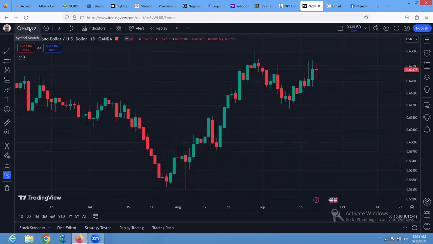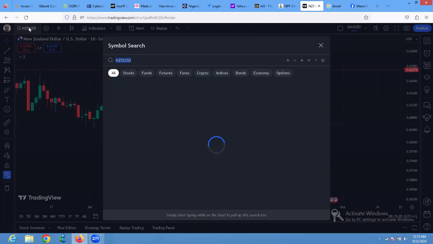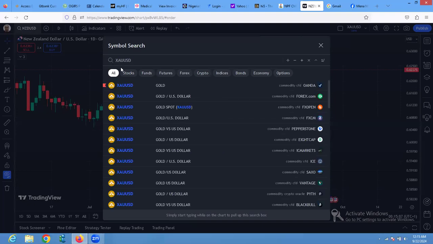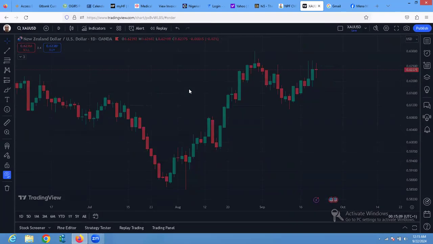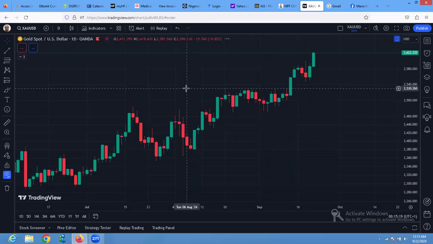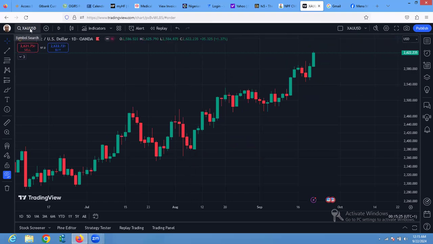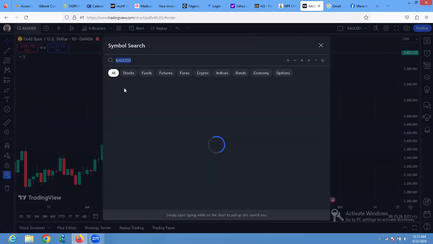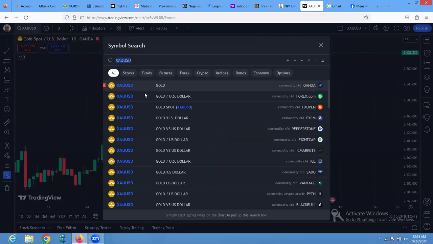Now on gold. On gold, what do I see on gold? Gold structure is an interesting structure now.